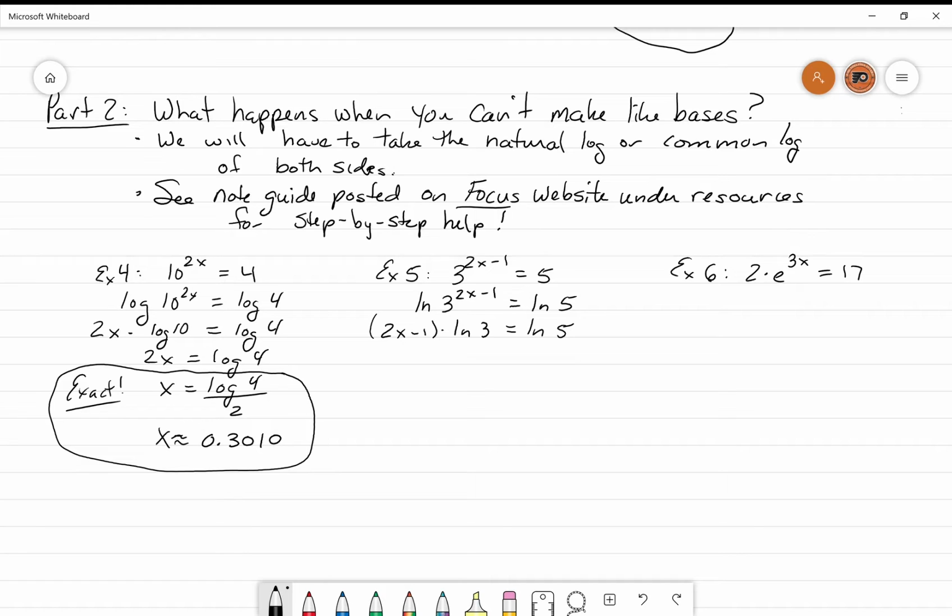You notice we could distribute the natural log of 3 into those parentheses. Option 2, we could divide out the natural log of 3. I think dividing the natural log of 3 is a little bit friendlier. You'll see fewer logs in the problem, which will make you a little bit happier. So I'm going to divide both sides by that natural log of 3.